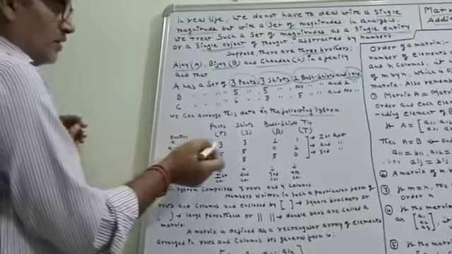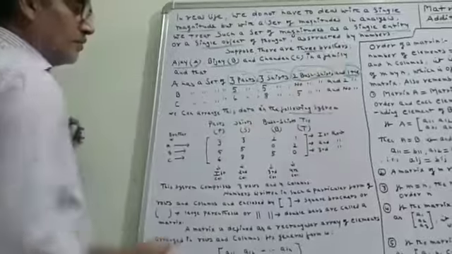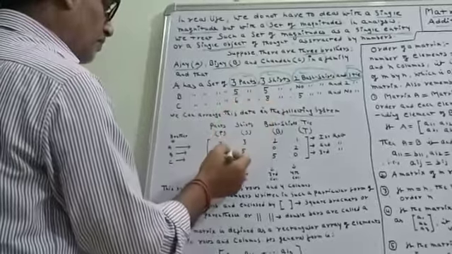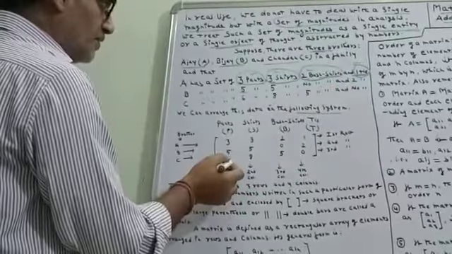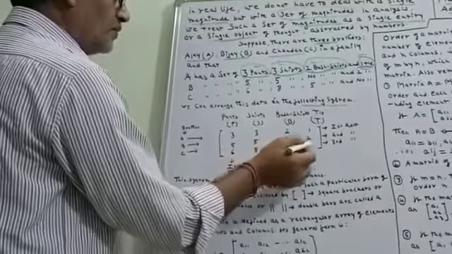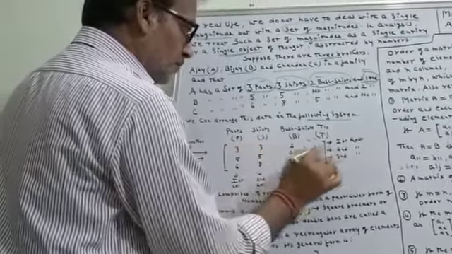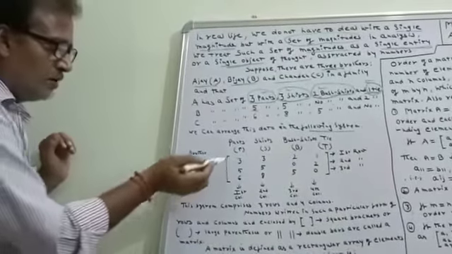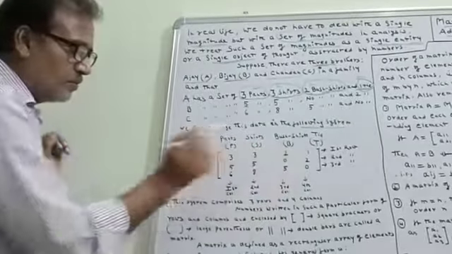Now the data: 3, 3, 2, 1; 5, 5, 0, 2; 6, 8, 5, 0. Now this is the first row, second row, third row, and in column, first column, second column, third column and fourth column.